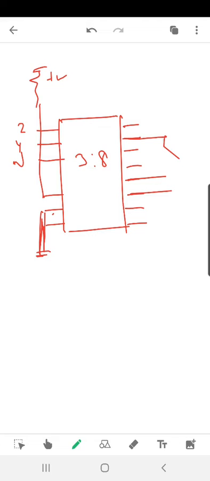Using all these three outputs, we will put them through a NAND gate, and we will get our function at the output of this NAND gate. So this is how we will implement our 4 variable function using a 3:8 decoder.